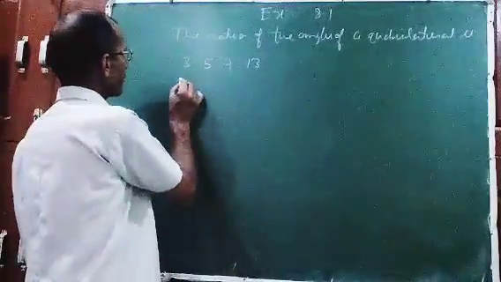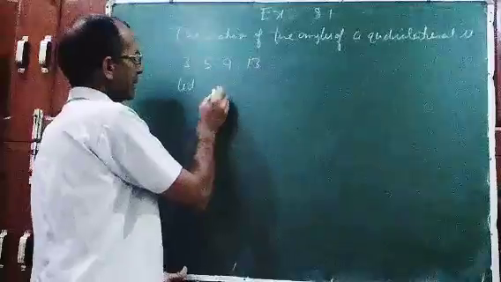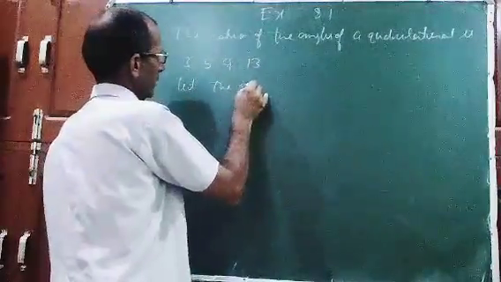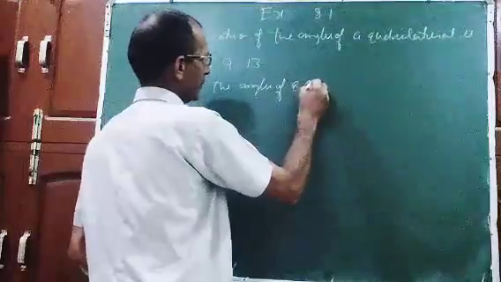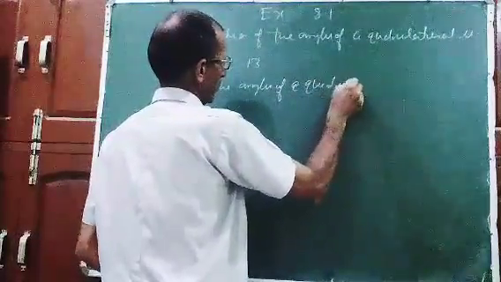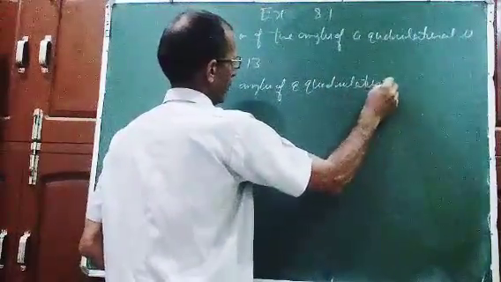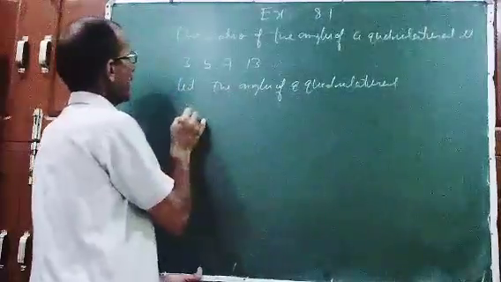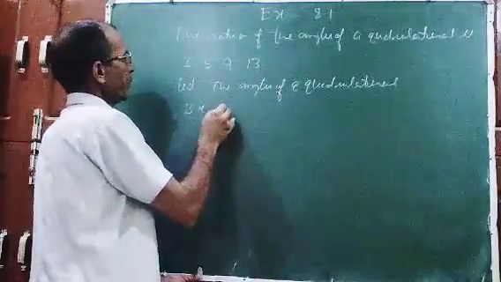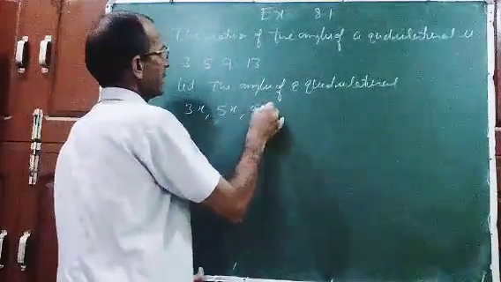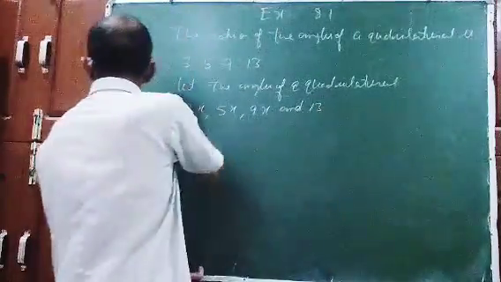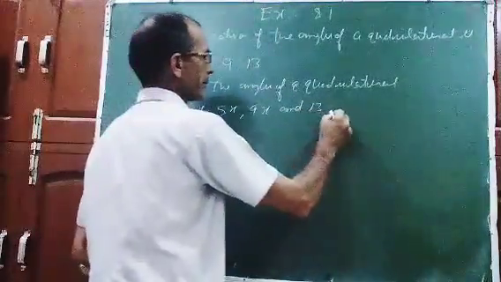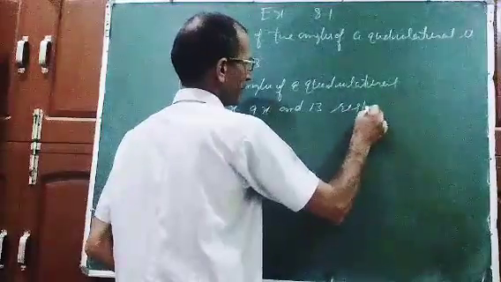So let the angles of a quadrilateral be 3x, 5x, 9x, and 13x respectively.